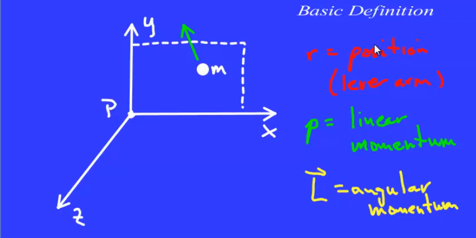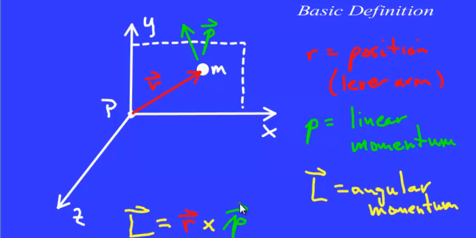We use the letter L. It's a vector, and it's equal to r, which is our position vector, and we're going to label it that way. It's the cross product of r and the linear momentum, which is p. So it looks like this in color-coded fashion.